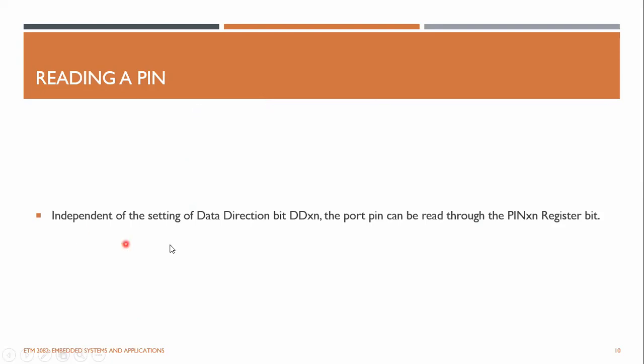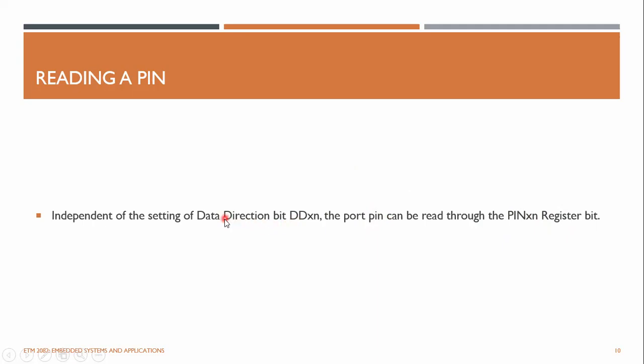Now, if you want to read any value from a pin when it's set as an input, you first have to set that pin as an input by writing 0 to the DDRX bit. And now to read the value on that pin, you can request that particular bit from the PINX register. If you read PINX, you can read the current value of that pin.